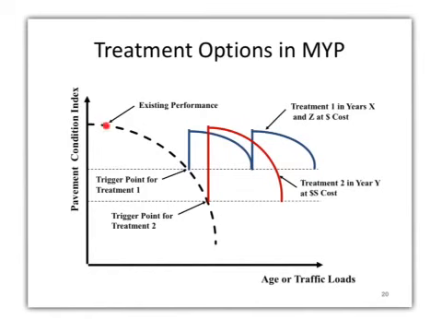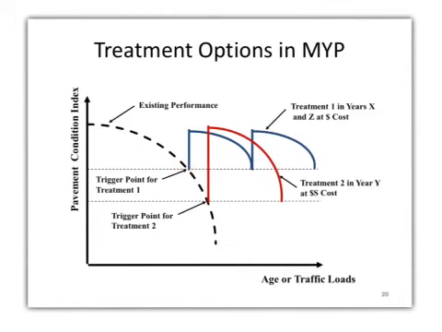This is the existing performance. We may have two different methodologies, or two different treatments applied, or two different scenarios, if you will. The very first scenario is we start with a very high pavement condition index, and then we reach this point, which is a trigger point for treatment A, or 1.